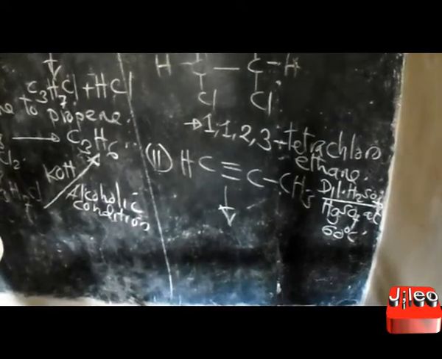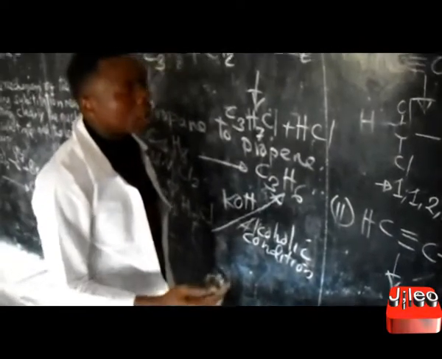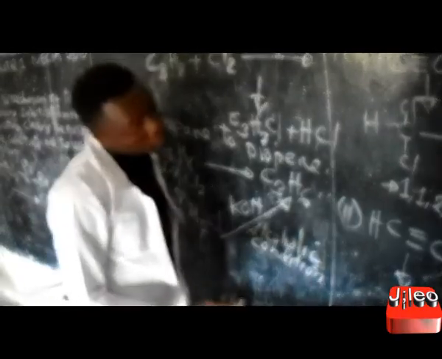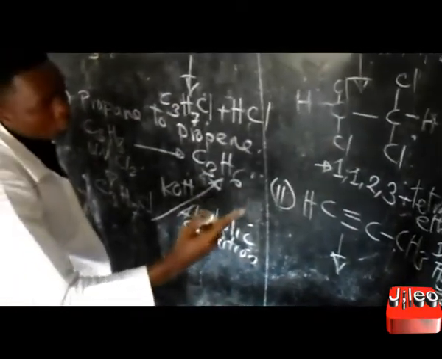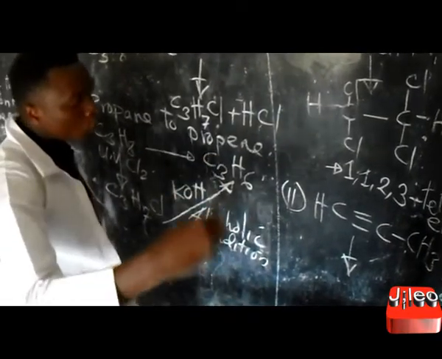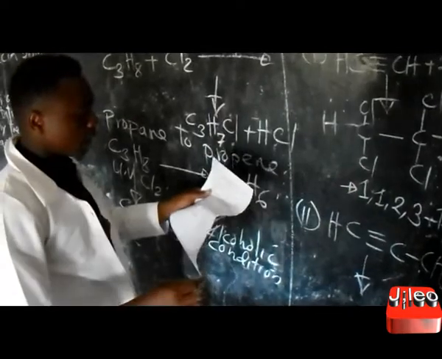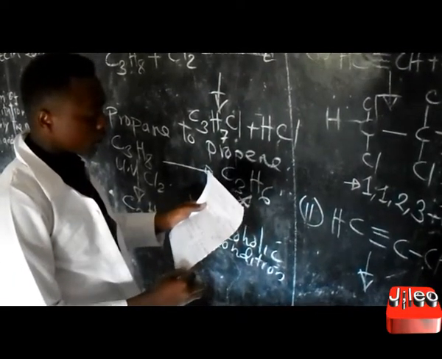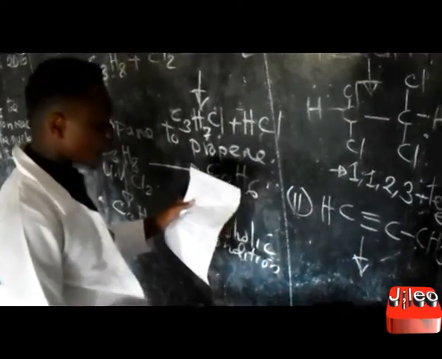The product will be something known as an enol, and that enol, when rearranged in the second step, will produce an aldehyde, which we call propanal. Yeah, it is propanal.